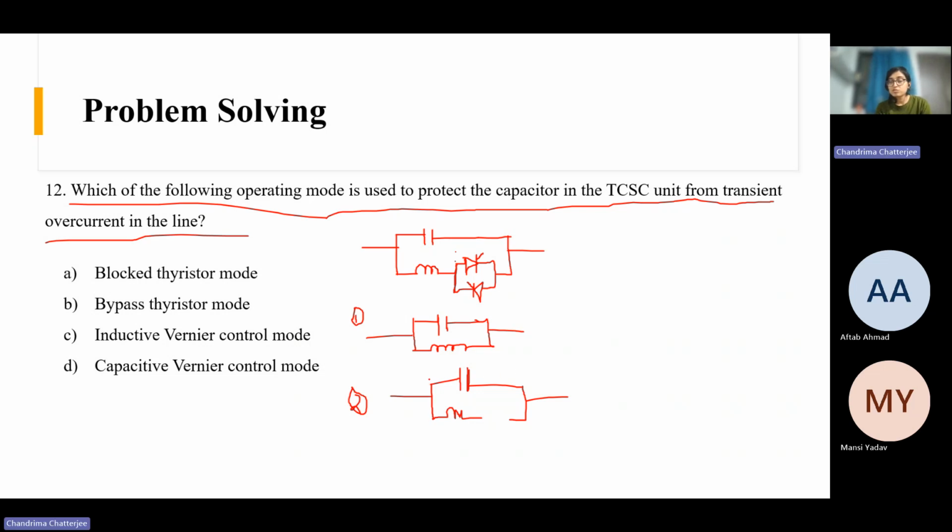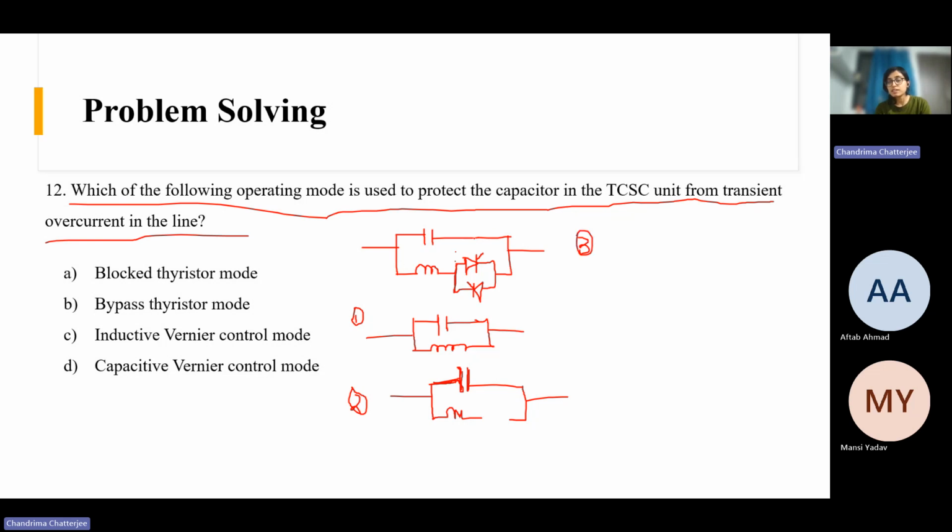But usually it is not operated in this mode. This is called the waiting mode. This mode comes just before the Vernier mode that I will tell. So what is Vernier mode?